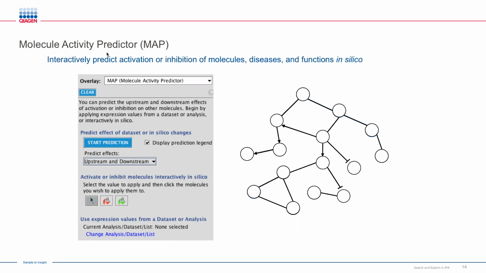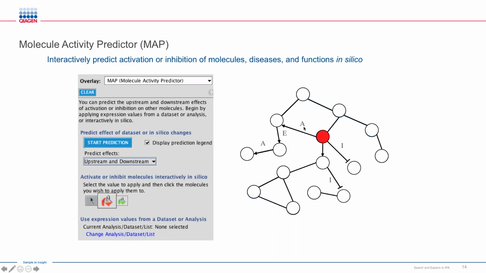So here I'm showing you a cartoon of a network of different molecules. When I make the prediction using this paint bucket that this center molecule here is upregulated or activated, as shown in red, IPA is going to use different algorithms that make use of the knowledge base to make predictions of their relationships.